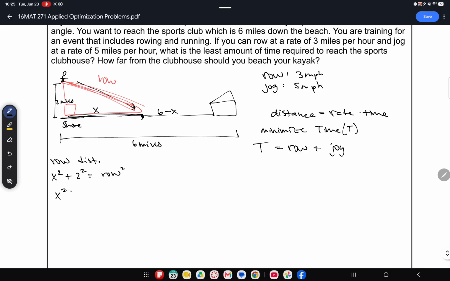So really x squared plus 4, and then I would square root it, right? That's my distance. And then jogging is the rest of the way here. So that's 6 minus x.